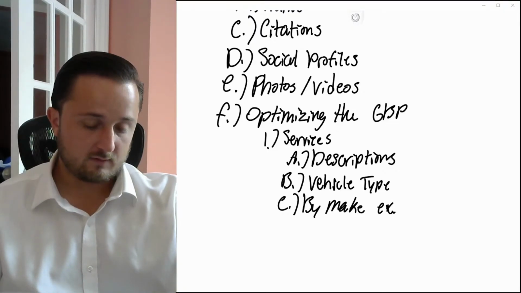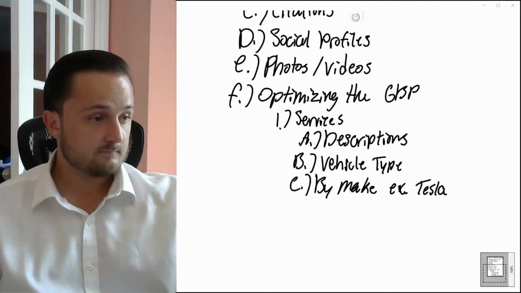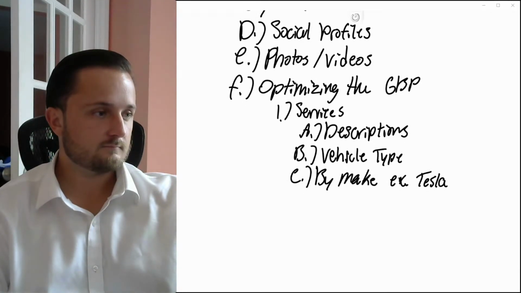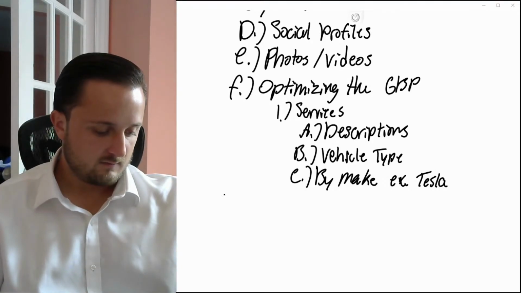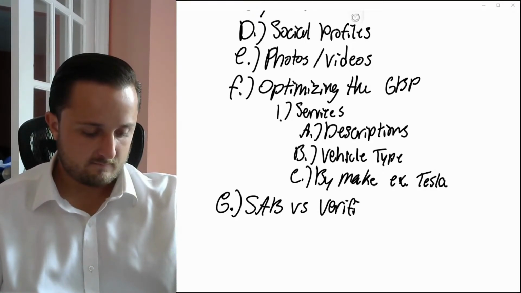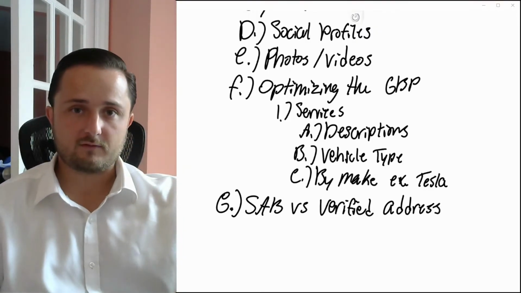An example of this would be Tesla. Then we'll talk about being a service area based profile versus a verified address Google Business Profile.